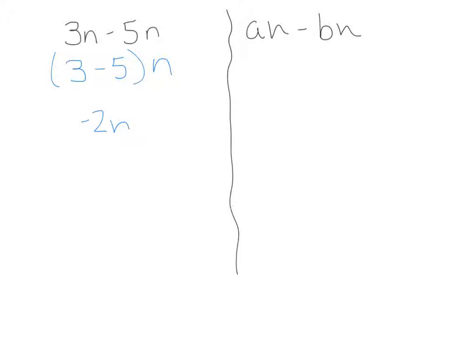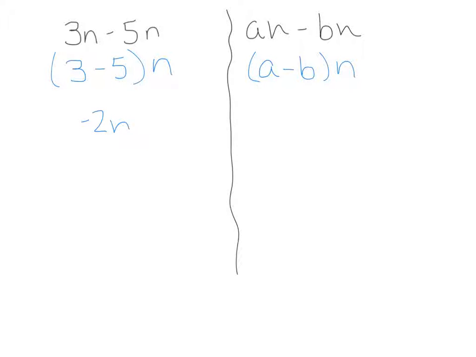If we look at the right-hand side, and we wish to understand exactly how this works, we can say we have a n's, and we have b n's that we're subtracting from them. So what we have is a minus b n's. The simplification or the collecting of n's in this is often called factoring out, but it is collecting like terms.